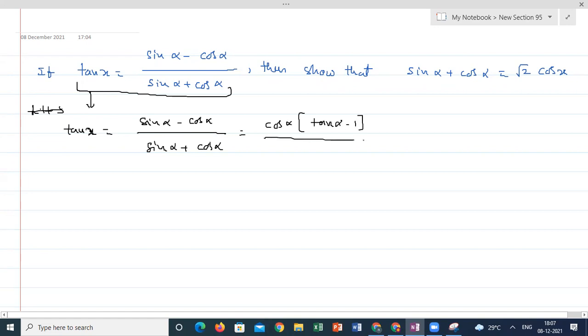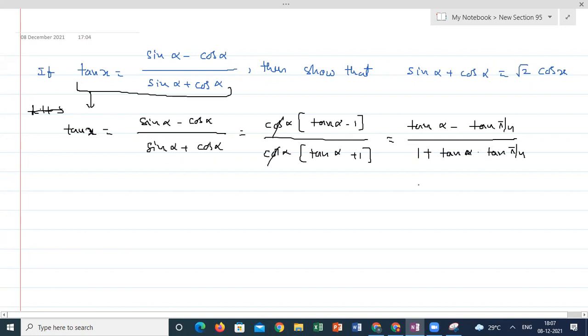Tan alpha minus 1 divided by tan alpha plus 1, which gives tan alpha minus tan pi by 4 divided by 1 plus tan alpha into tan pi by 4, because tan pi by 4 is 1. Without changing the expression, this will be tan of alpha minus pi by 4.